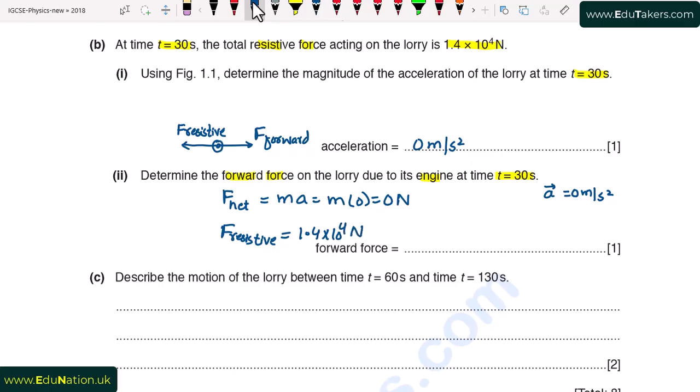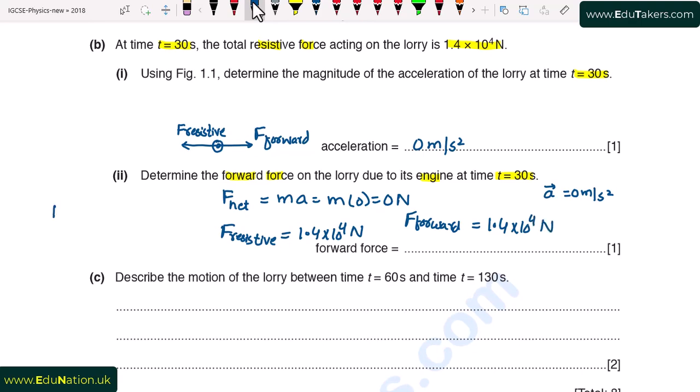So total net force is equal to 0. It is only 0 when both of these forces, that is resistive and forward force, have equal magnitude. And we can see that both of these are acting in opposite directions. So we can simply say that forward force will also be equal to 1.4 into 10 to the power 4 Newton.